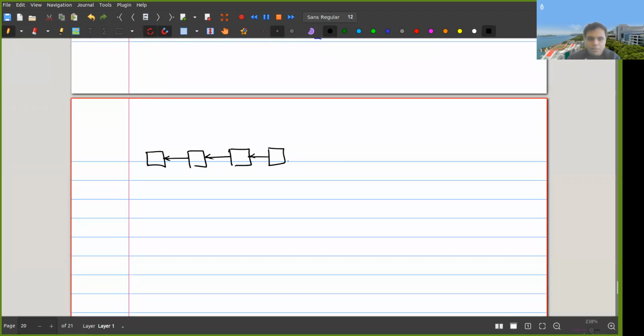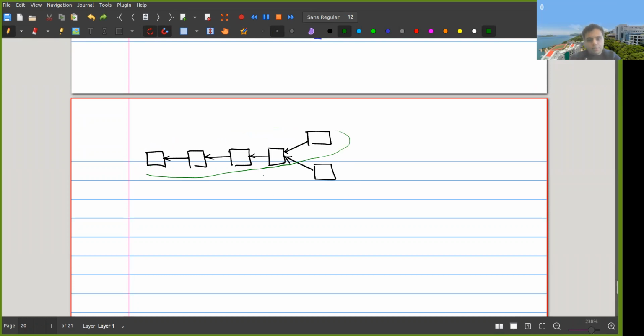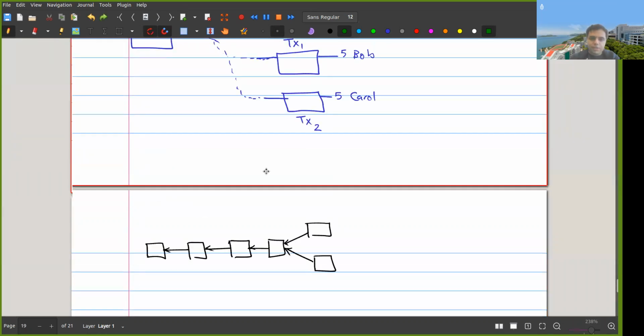And at this point, let's say that there are two different nodes that are proposing two different blocks to be added. Okay. If everyone is equal, I have no way of choosing which one of these is valid. I don't know. Maybe I have to go with this one, or maybe I have to go with this one. And actually, this decision makes all the difference.